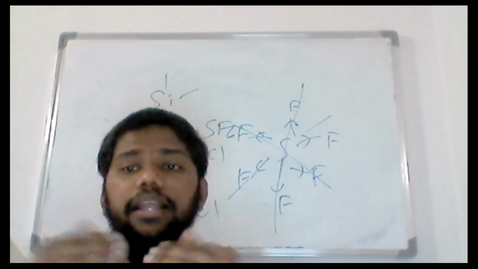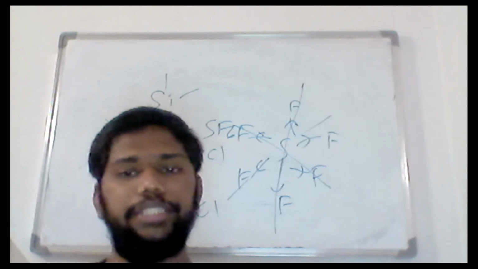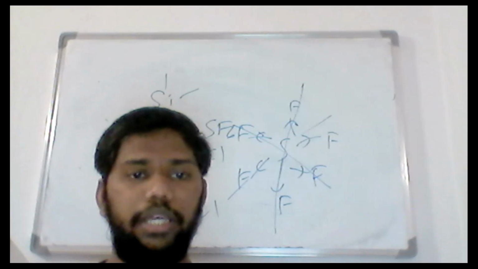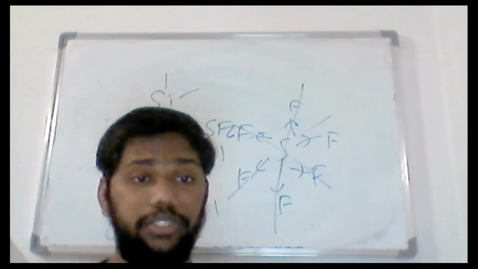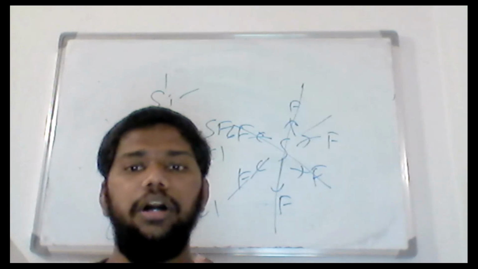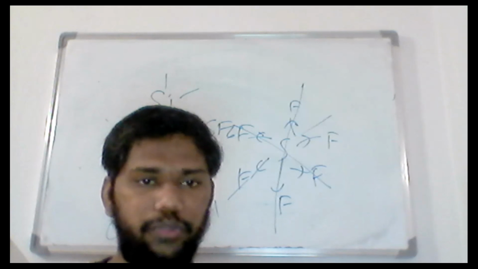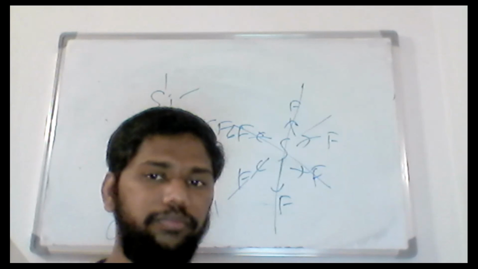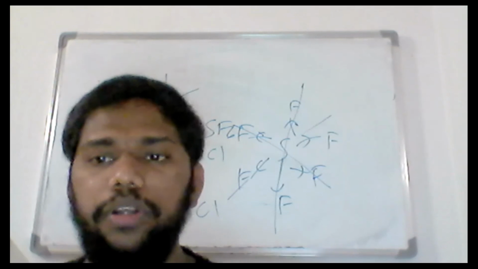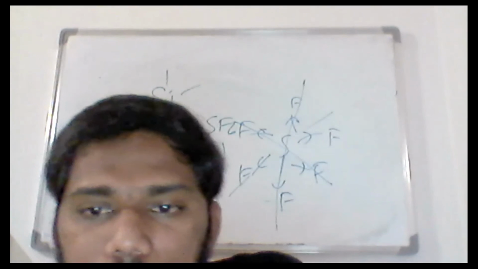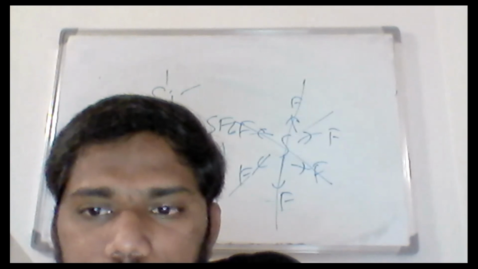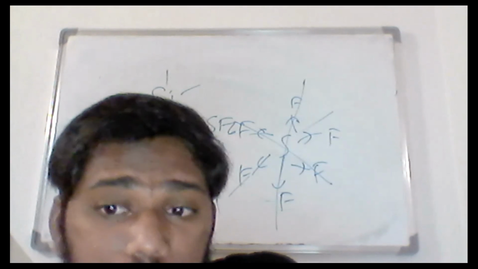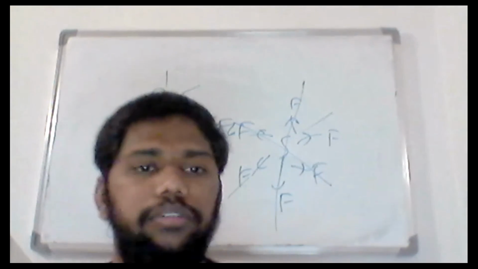And the last one, CH3OH and H2O: one is an alcohol, one is water. Clearly they have OH, so there should be hydrogen bonding. That is one. The other thing is there can be London forces as well. So try to get the idea. You don't have to say London; you can use Van der Waals forces as well, as you wish.